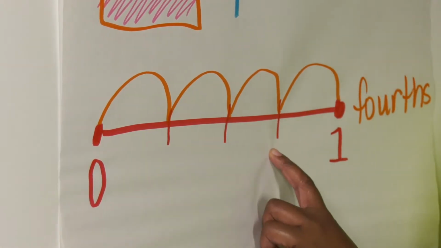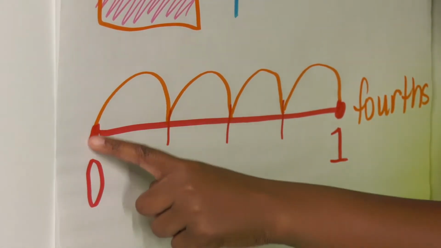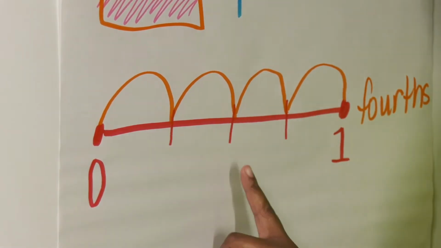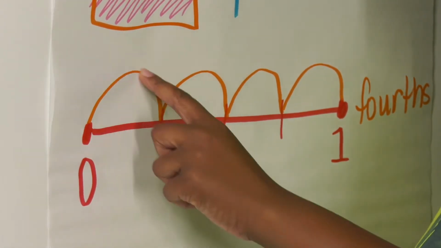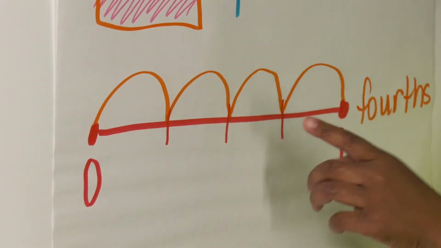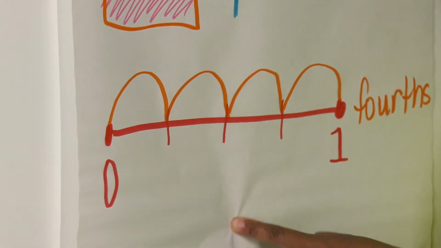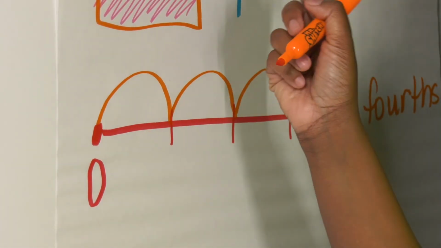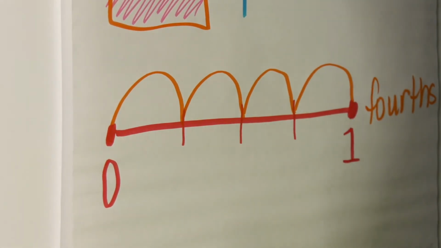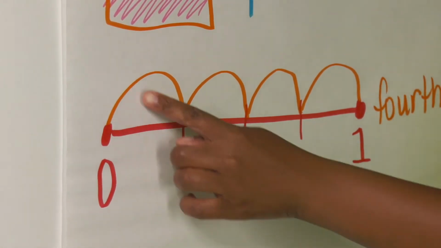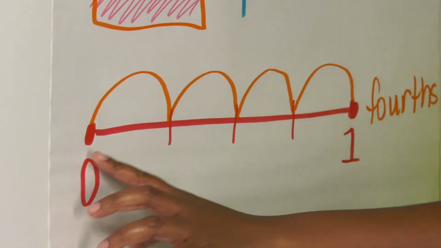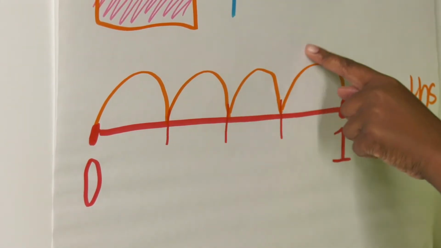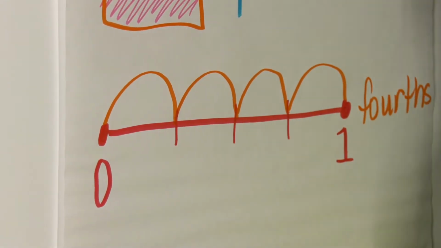Now if there was a 1 here, that would be thirds because it's 3 hops. If the 1 was here, this number line would be in halves because it's 2 hops. Okay, so I want to make my number line represent 3/4. I know it's already in fourths because from 0 to 1 there were 1, 2, 3, 4 hops.